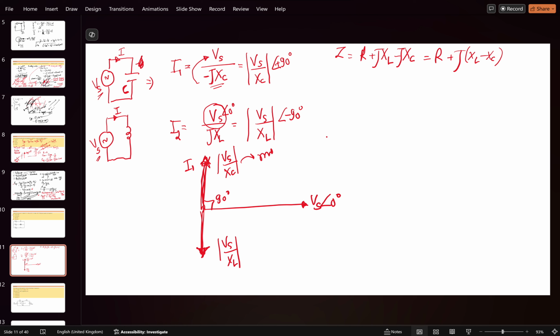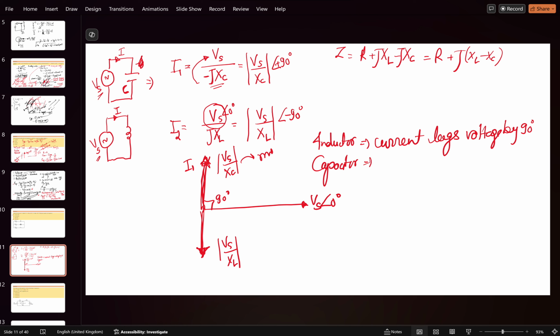So in the inductor, current lags voltage by 90 degrees. And in the capacitor, current leads voltage by 90 degrees. Got my point?